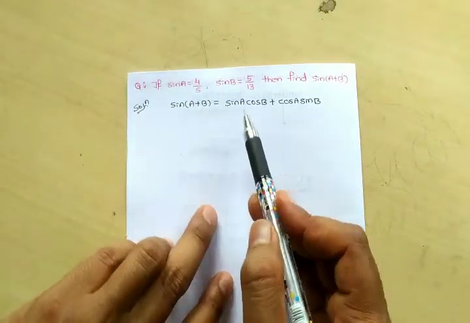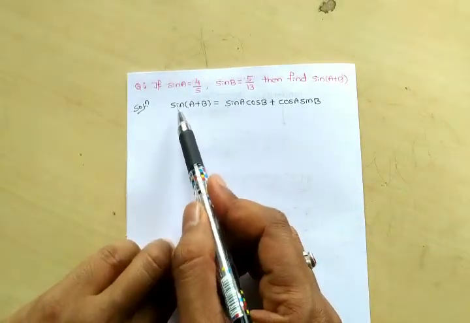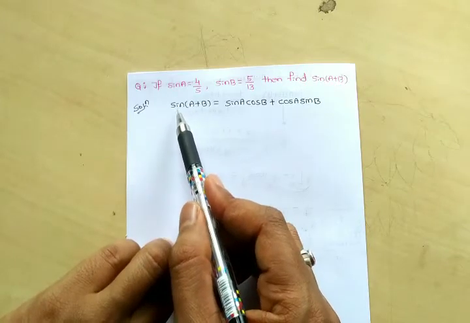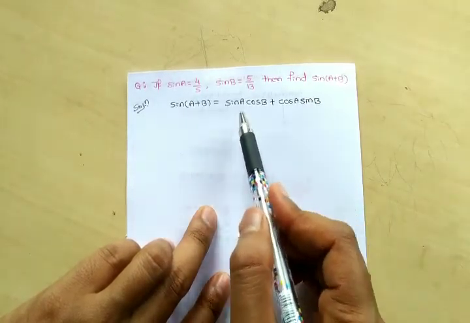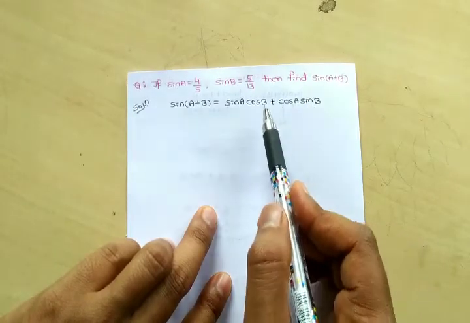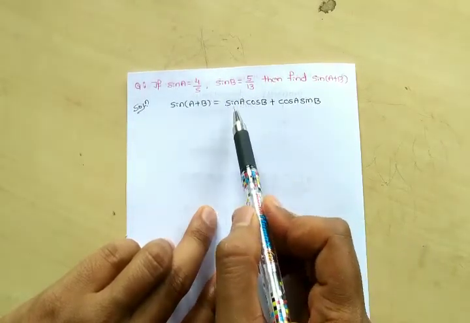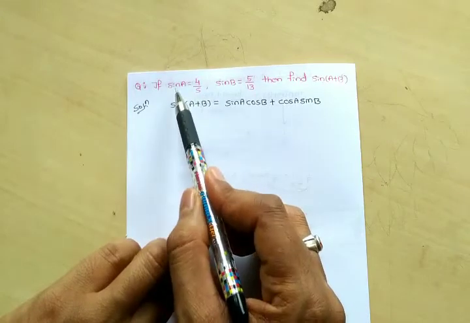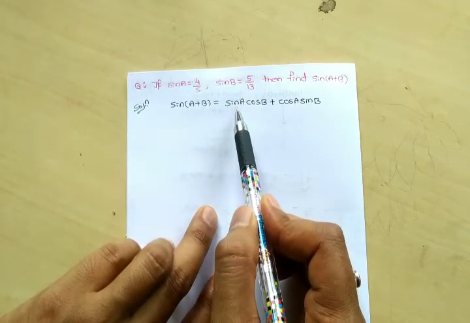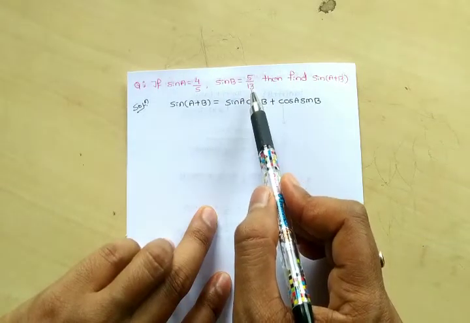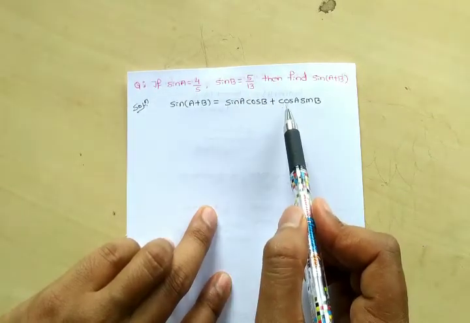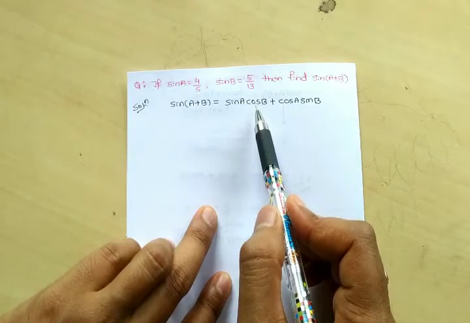But you can see in this formula, which value do you want? Sine a plus b, correct? If you want the sine a plus b value, you need to simplify this. If you want to simplify this, you need all four values. But the problem is here only the sine a value is given. How much? 4 by 5, correct? Next, the sine b value is given. How much? 5 divided by 13. But we don't know the cos a value and we don't know the cos b value.